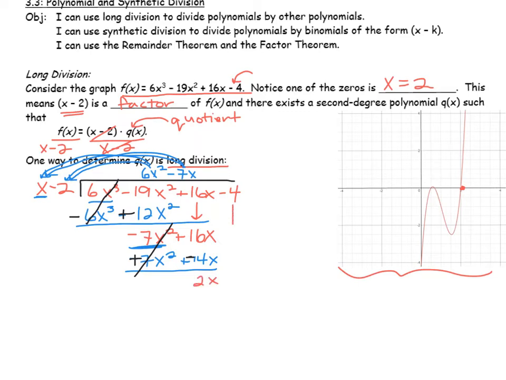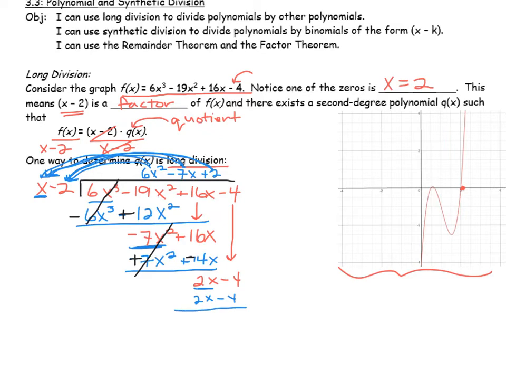One more round, because we still have our constant, we'll drop down that negative 4. And now we have x on the outside, and we have 2x that we want to match it with. That means we'll multiply it by 2. Distribute it to the first term with x, that gives us 2x. Distribute 2 times negative 2 to that second term, that gives us minus 4.